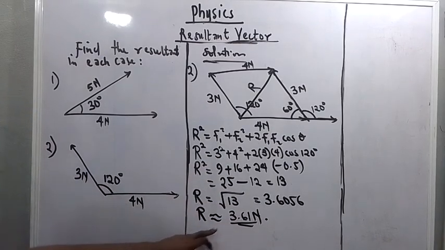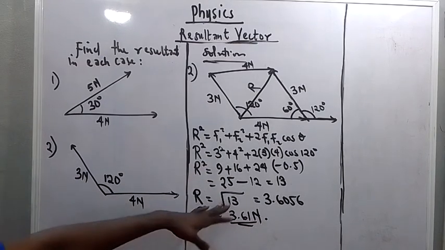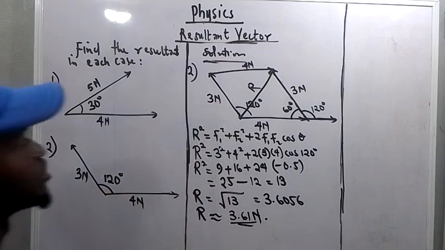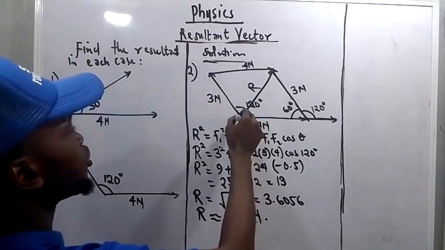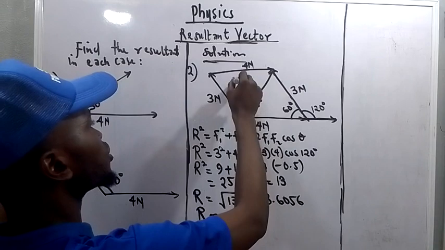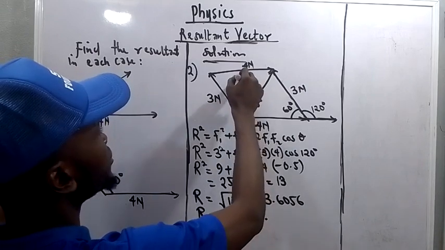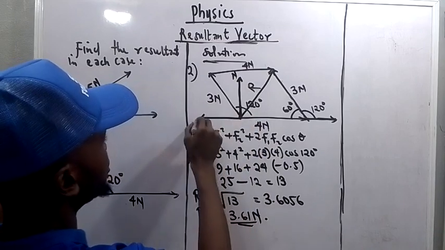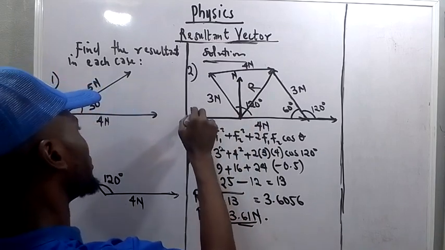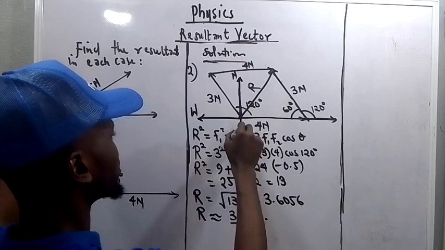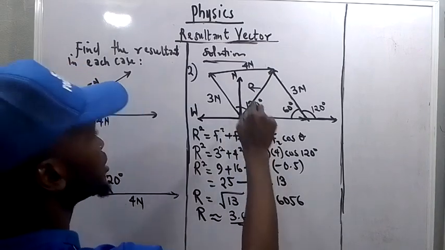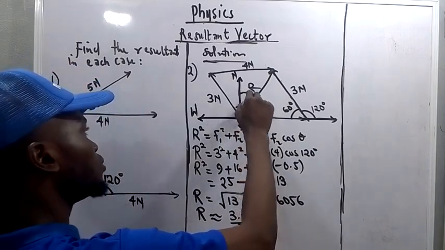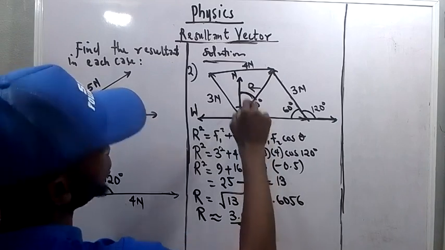Now, this resultant is not completely stated by only the magnitude. We need to get the direction. Now, I need to form the north pole here. Let's say this is the north, then this is the east, this is the west, and south comes downward like this. So I need to know the angle that the resultant makes with the north.